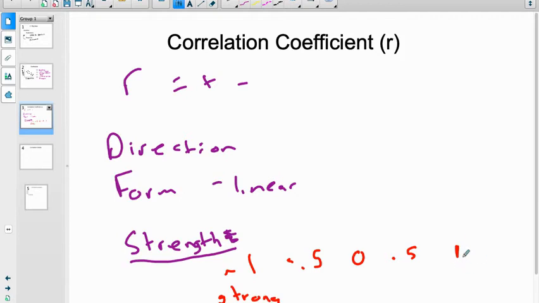And 1 would be the same idea, except the slope is positive. In the middle, like a 0.5 would be moderate. And then negative or positive, just telling you the slope. And then 0 would be weak or none.